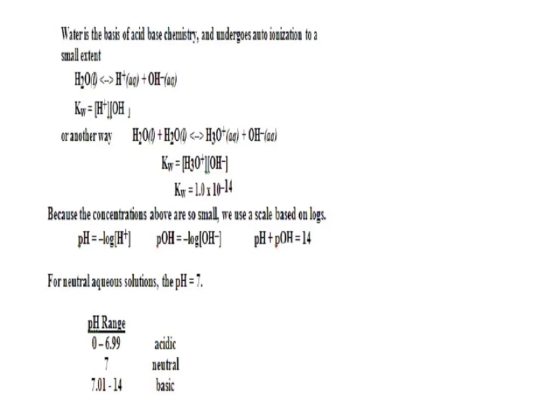Okay, so what is happening is in acid-base chemistry, water undergoes autoionization, and so water is breaking into H plus ions and OH minus ions, and it's going back and forth. We can relate this to our Kw, the equilibrium constant for water, which is our OH minus concentration times our H plus concentration.